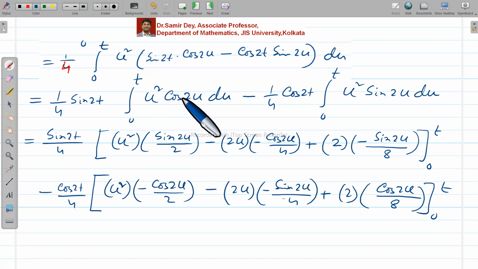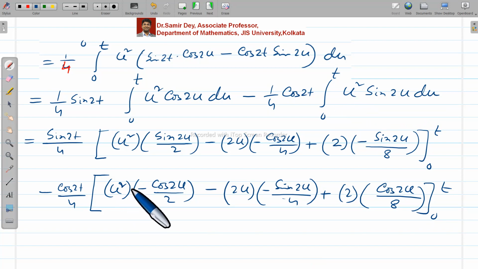u square, v integration, u derivative, v integration once again, this derivative, this integration, and so on. Clear? I repeat once again, it's very easy.